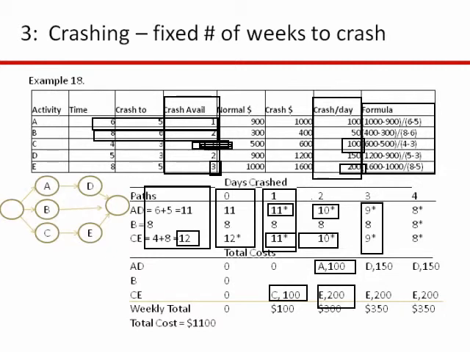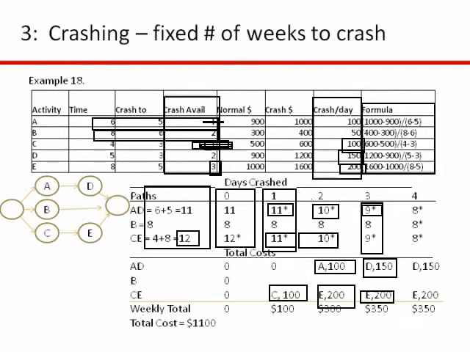And again, C is no longer available, so we can only crash E. And then to go down from 10 to 9 on path AD, A is no longer available. It was only available to crash 1. So we're going to crash now D for 150. And so now to move from 10 to 9 weeks, we have to spend another $350.